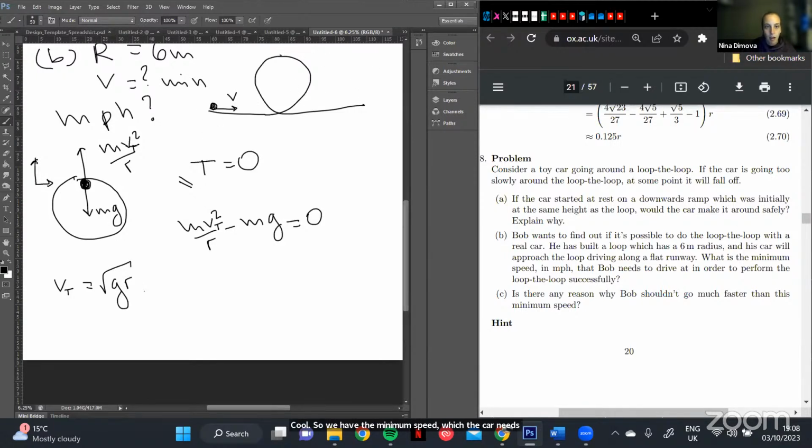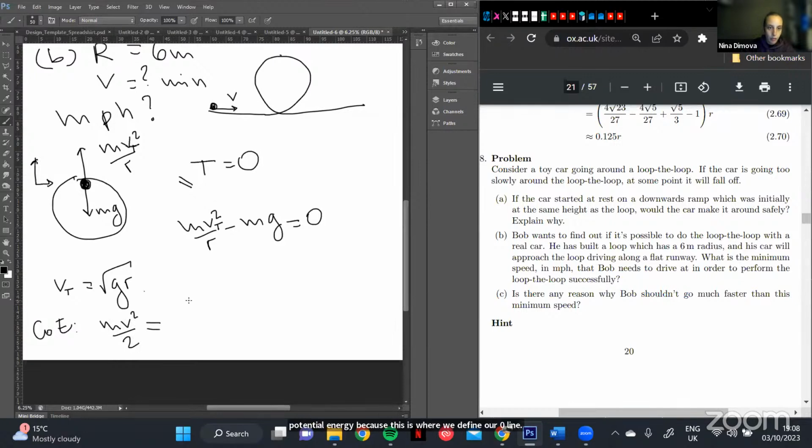So we have the minimum speed which the car needs when it's at the top. We're asking about the minimum speed which it needs at the bottom. The way to do that would be, again, using conservation of energy. So we know that at the bottom, the only energy it has is mv squared over 2. So this is this v with which it starts. It has no potential energy because this is where we define our 0 line.